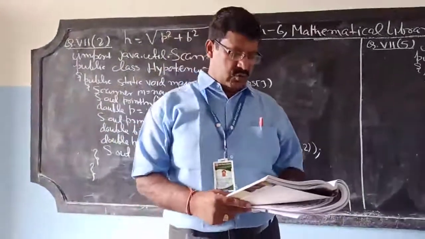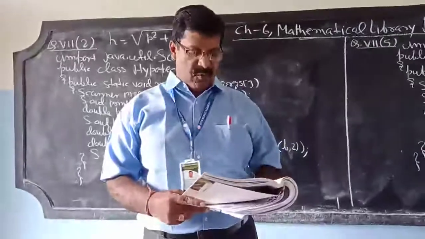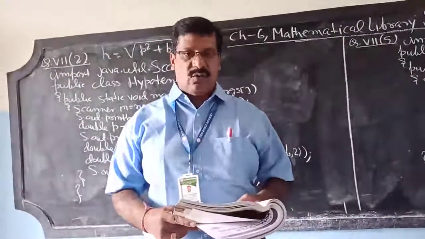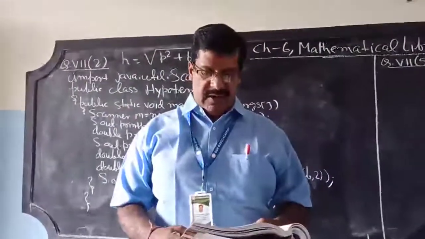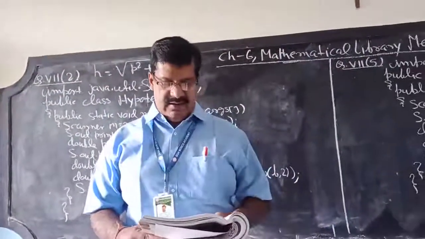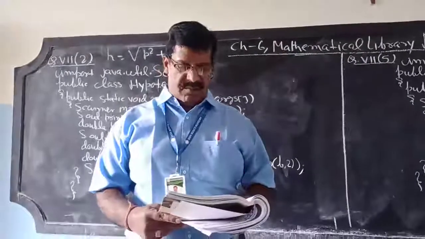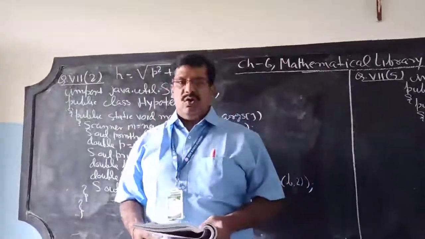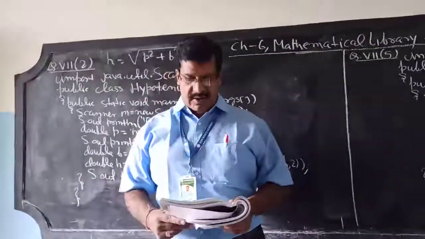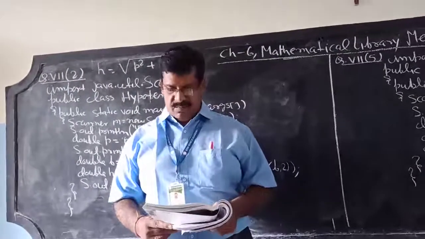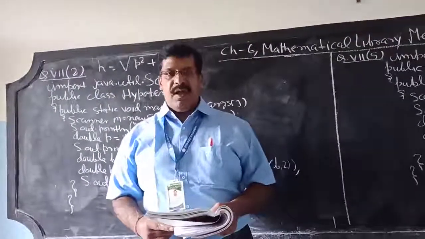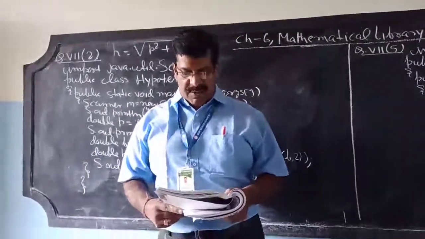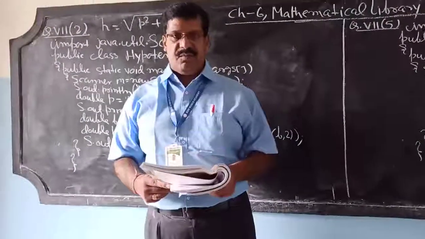Question number 2 is: write a program in Java to calculate and display the hypotenuse of a right angle triangle by taking the perpendicular and base as inputs.